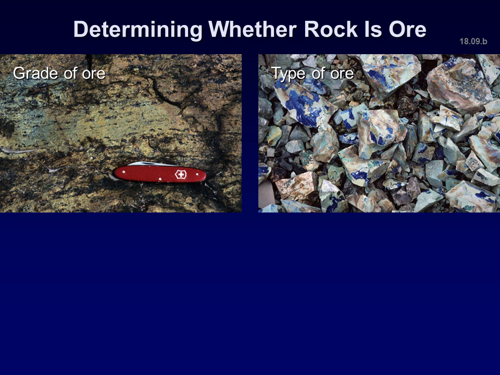Okay, that's the grade of the ore. Then we have the type of ore. The type of ore determines how ore is processed. So oxide ore can be crushed and leached, but sulfides may need to be smelted. Okay, crushed and leached means it gets sent through a mill that has these big metal spheres in it that tumbles the rock around and breaks it up into little pieces.